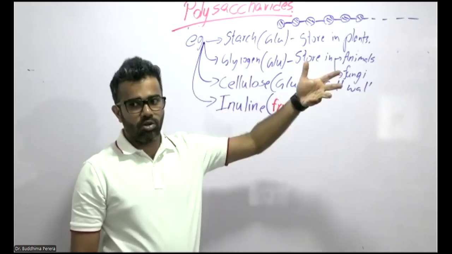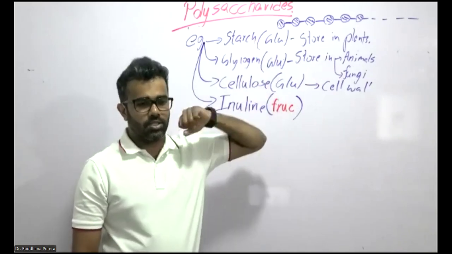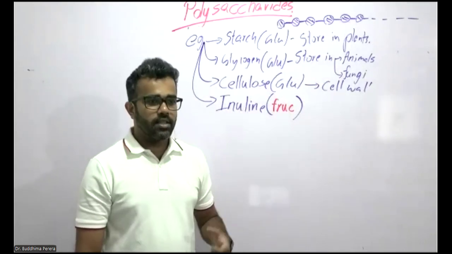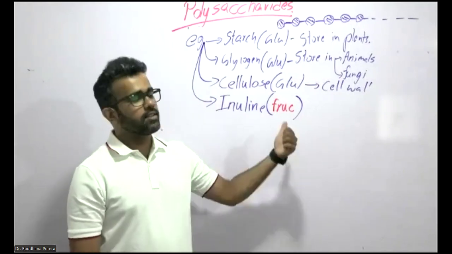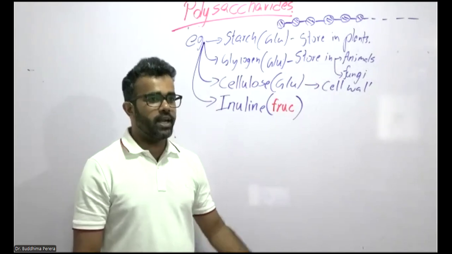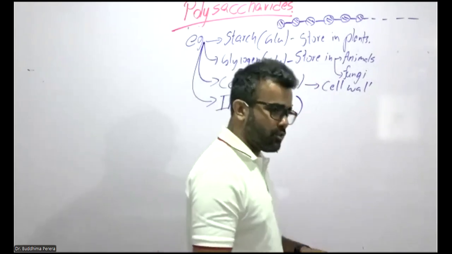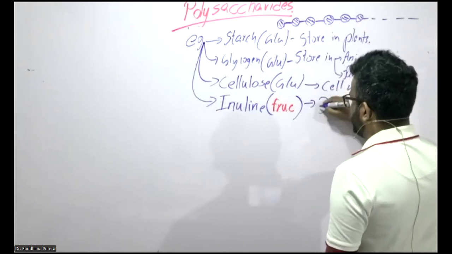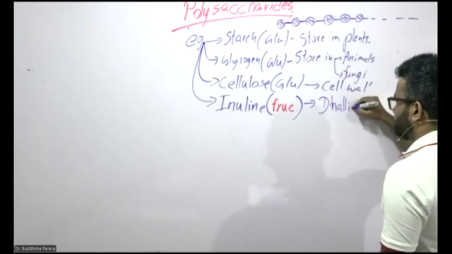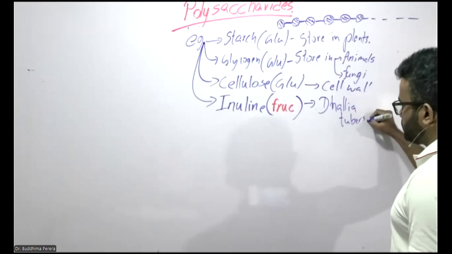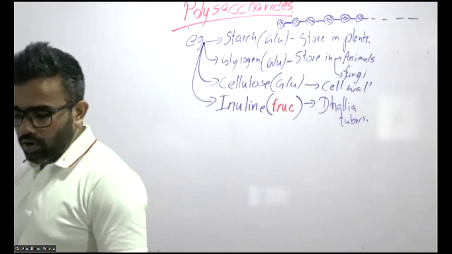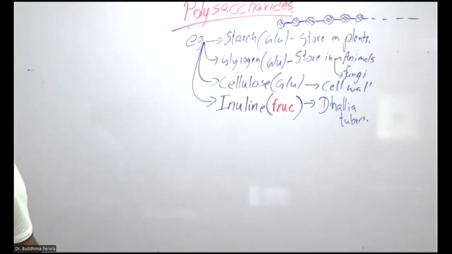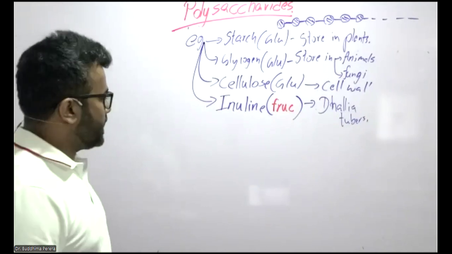But these dahlia tubers, they store carbohydrate as inulin, which is made up of fructose. That's why you have to remember it, right? The storage polysaccharide in dahlia tubers. Dahlia tubers, they store inulin as the polysaccharide.